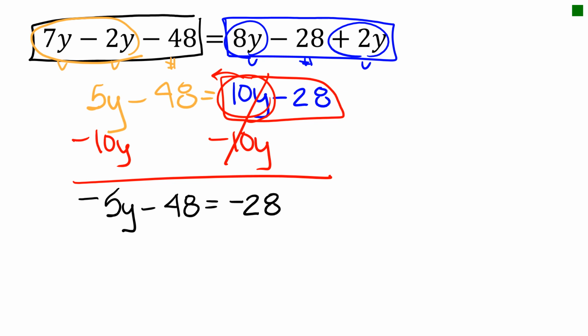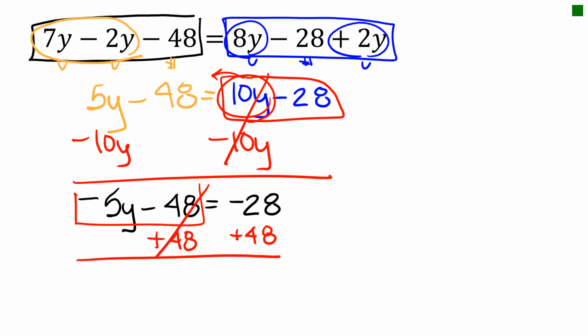I'm going to move from the left-hand side that minus 48. I'm going to do that by adding 48. Those cancel. So I have negative 5y is equal to 20. Down to that multiplication, so I'm going to divide by negative 5, and I end up with y is equal to negative 4. Watch your negatives, don't lose them.